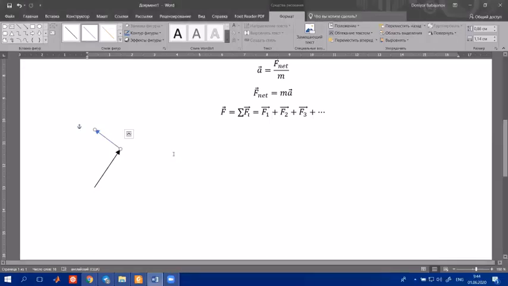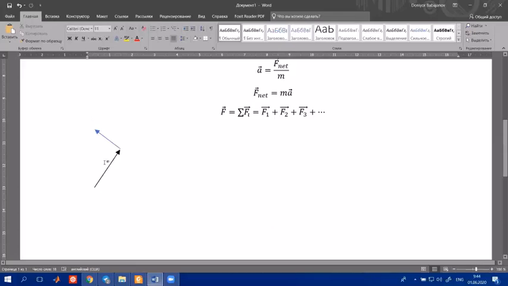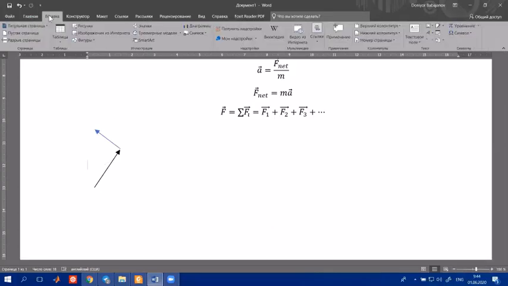Okay, if we have two vectors, the addition of these two vectors is called triangle rule. We draw the triangle here. So we connect the end of the first vector with the beginning of the second vector.